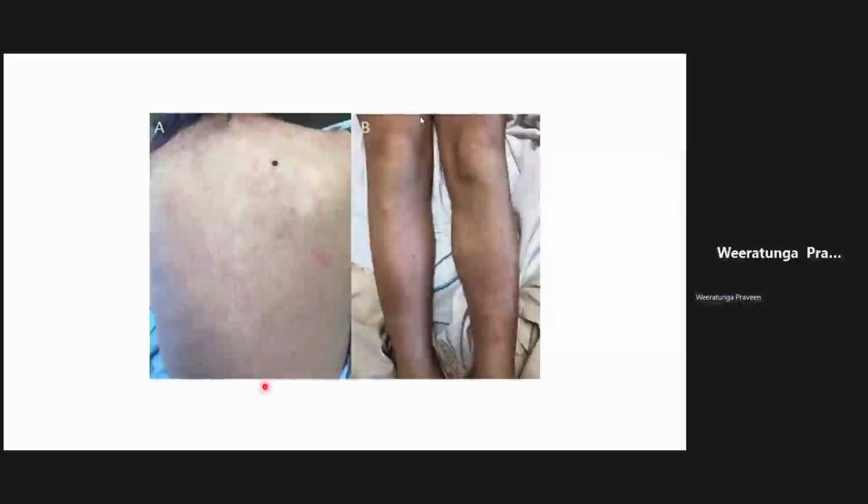And this transient maculopapular rash. It comes at the height of the fever and then disappears. So it's a transient maculopapular rash that comes on with the height of the fever and then gradually goes away. Right? That is a typical appearance. It's a salmon pink transient maculopapular rash.